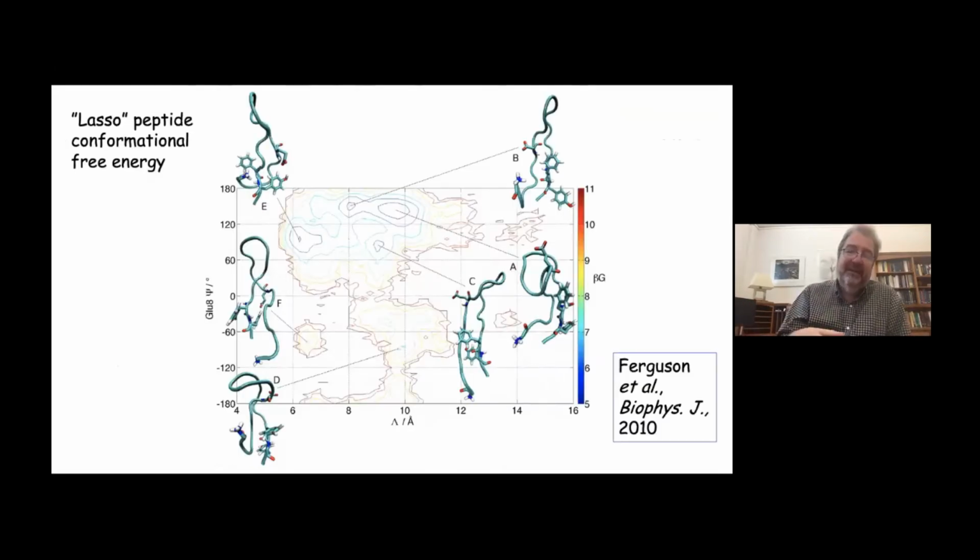And of course, the other great area where ions play a key role is biological systems. For example, this is a free energy surface of a small peptide we studied a few years back in my group, and the specifics are not important.